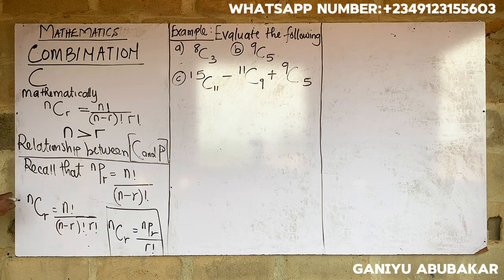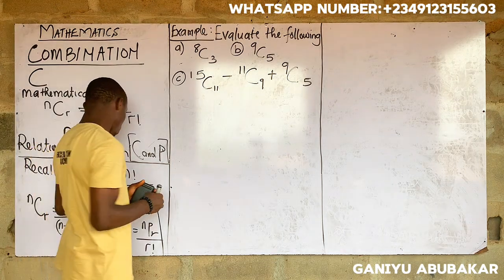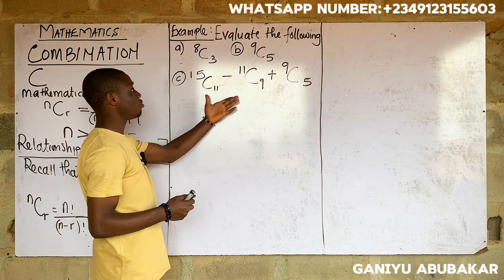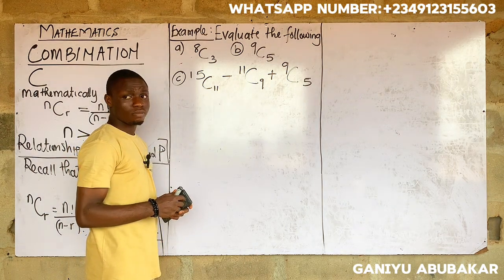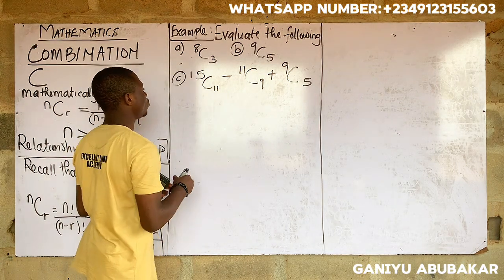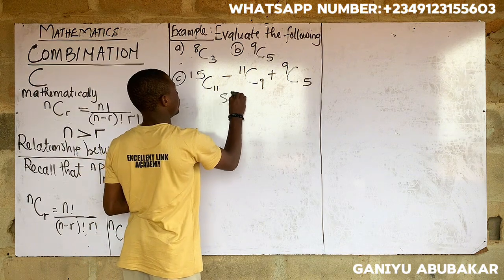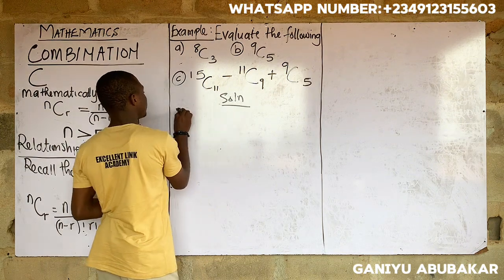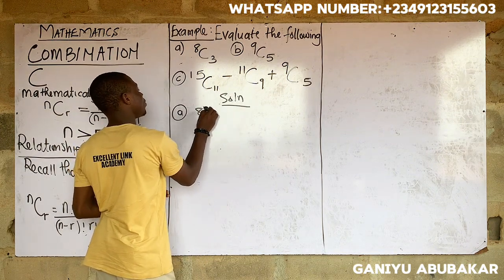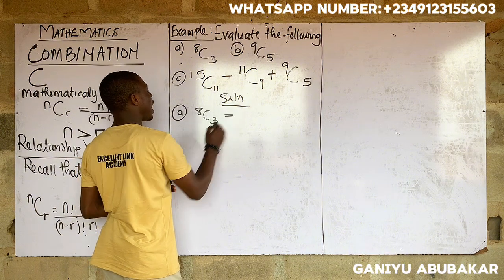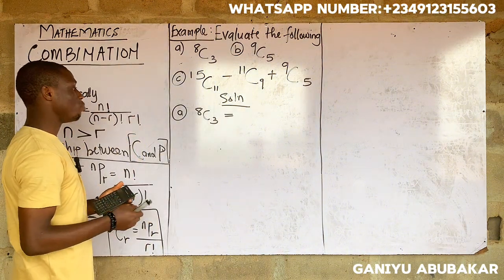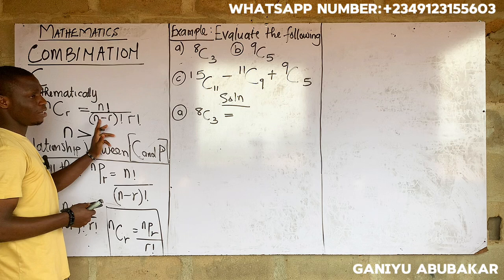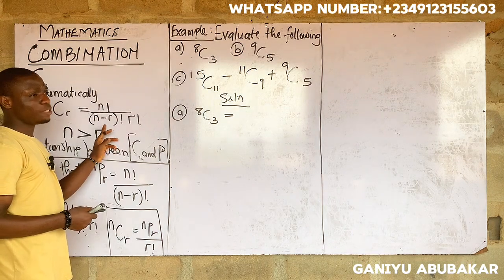All right, at this point now, let's move to how to evaluate problems under combination. Let's start with number one. Number one says 8 combination 3. How do you possibly evaluate this? It's quite simple. Follow the same pattern of your mathematical expression.